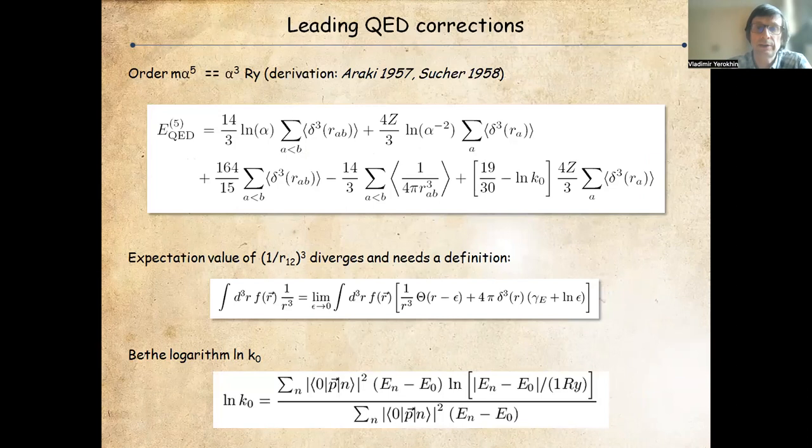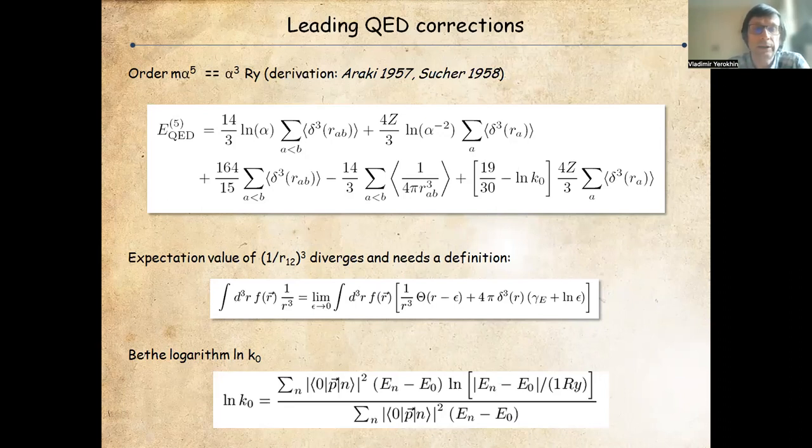One of them is this operator 1 over r cube. The matrix elements of such operators diverge on singlet states. So what stands here is a regularized operator defined by this formula.